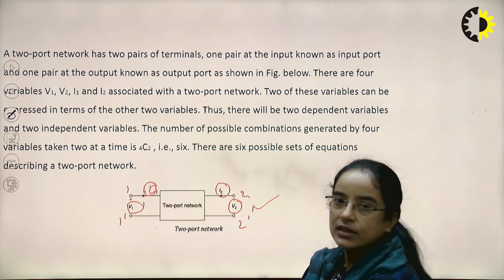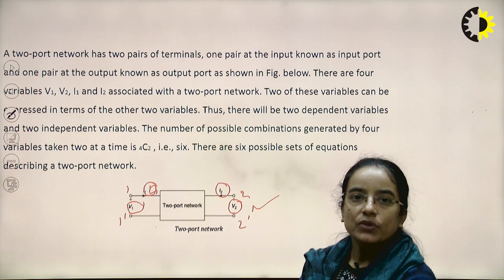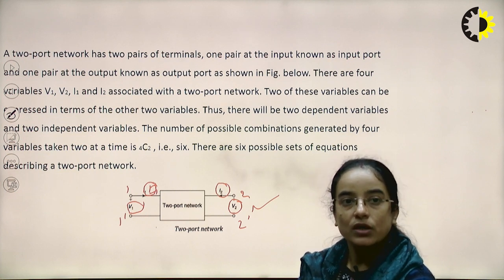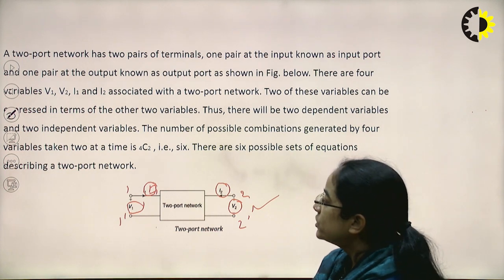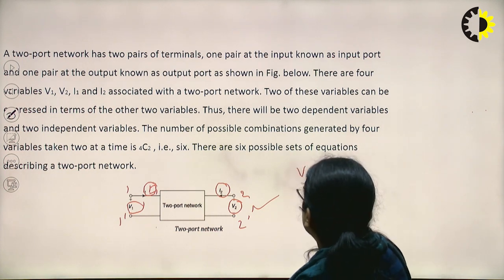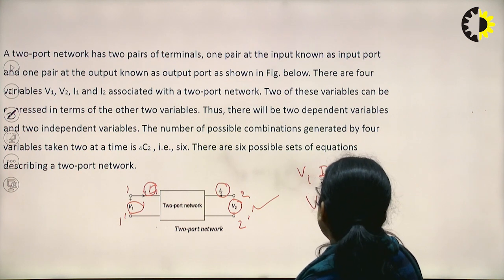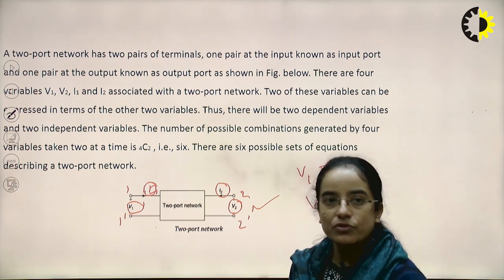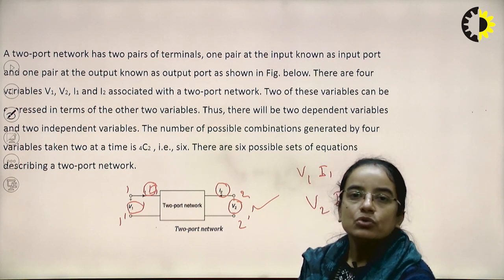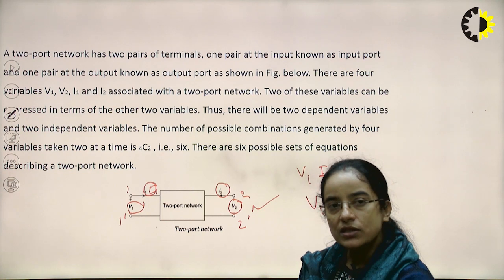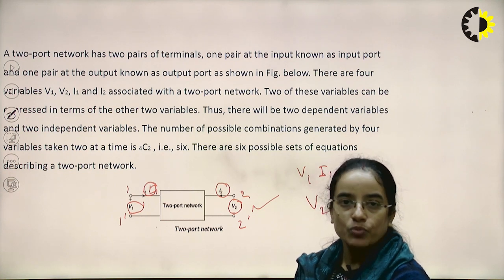Two of these variables can be expressed in terms of the other two. We can express V1, I1 in terms of V2, I2, or I1, I2 in terms of V1, V2. These four variables V1, V2, I1 and I2 are associated with this two-port network.